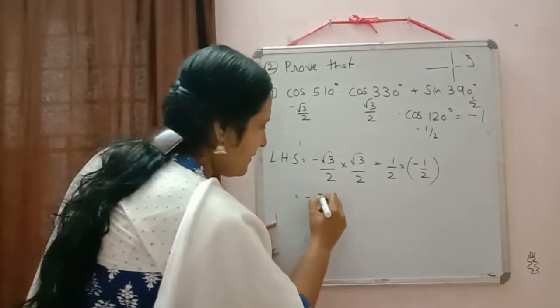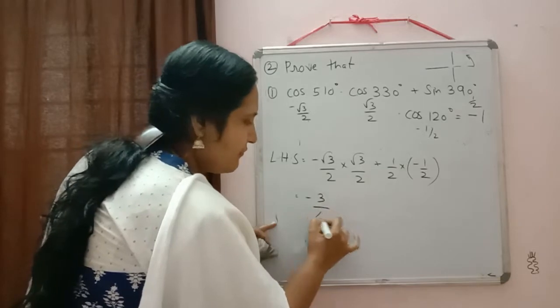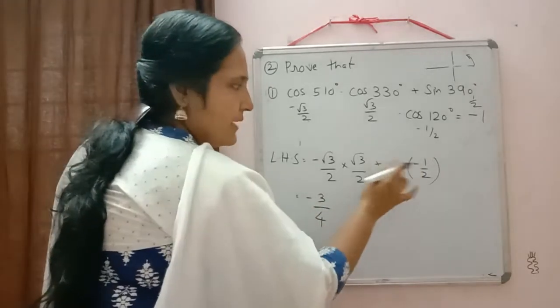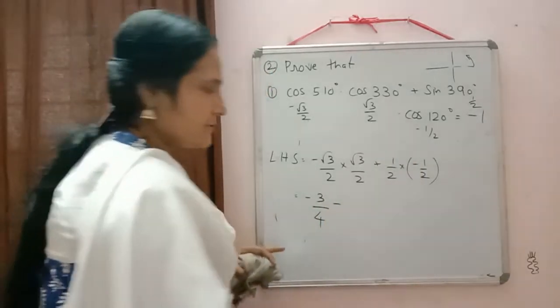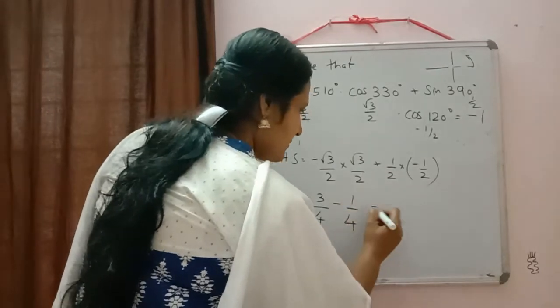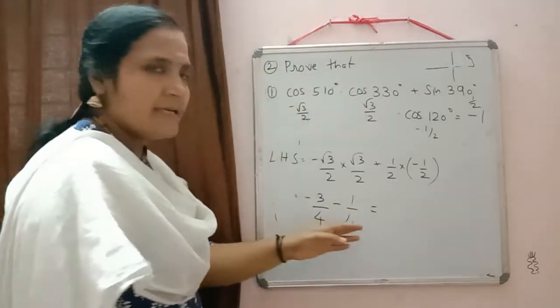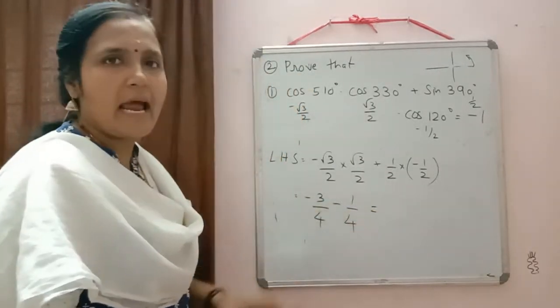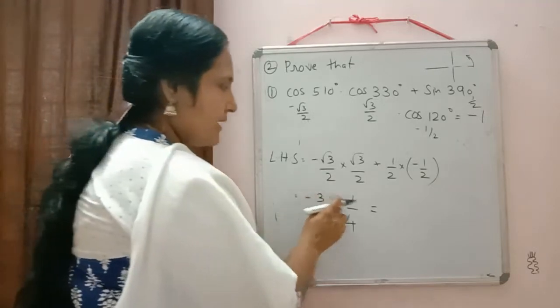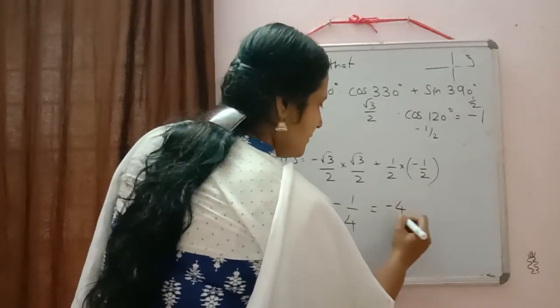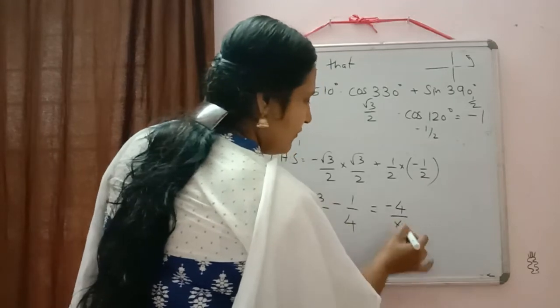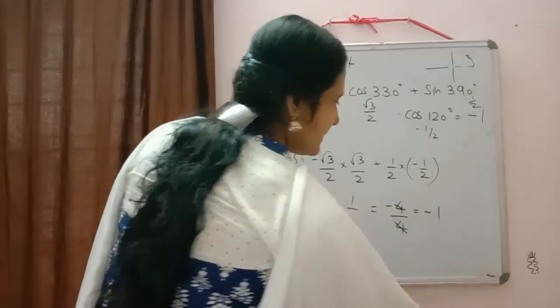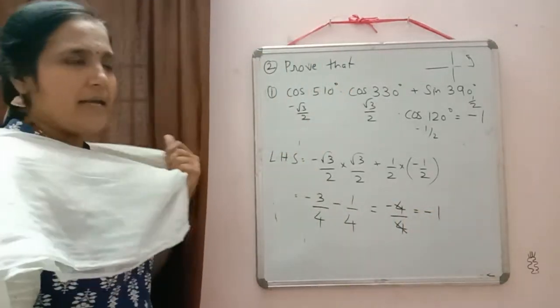So we will get here minus 3 by 4. Plus into minus will be equal to minus. So we will get here minus 1 by 4. Denominators are same. So directly we can add the numerators. So minus 3 minus 1 will be equal to minus 4 by 4. Both will get cancelled. We will get the answer equal to minus 1.